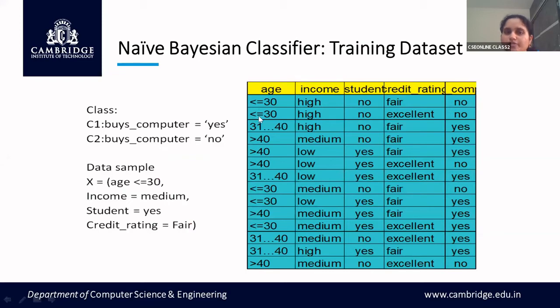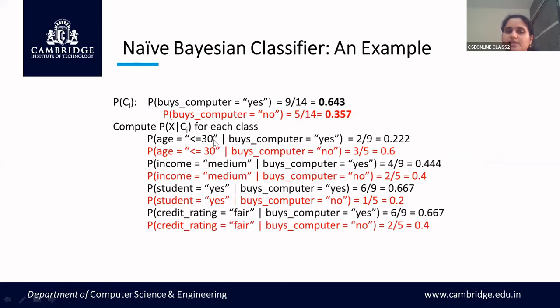Out of these 5 entries, you are finding how many of them are yes and how many of them are no. So age less than or equal to 30 and buys computer is yes is 2 by 9, which is 0.22. Age less than or equal to 30 and buys computer is no is 3 by 5, which is 0.6.